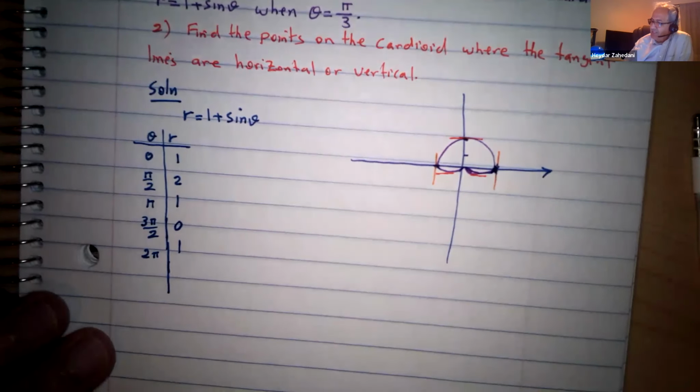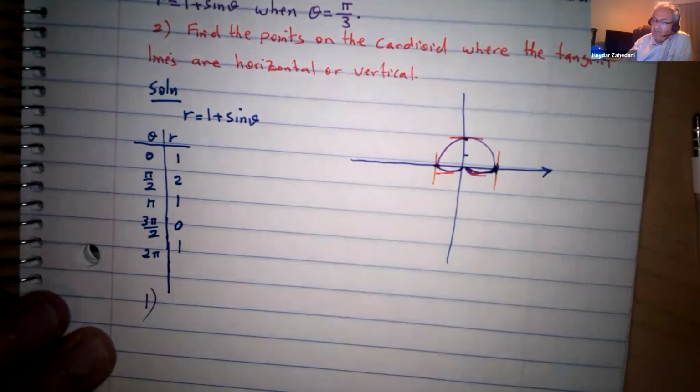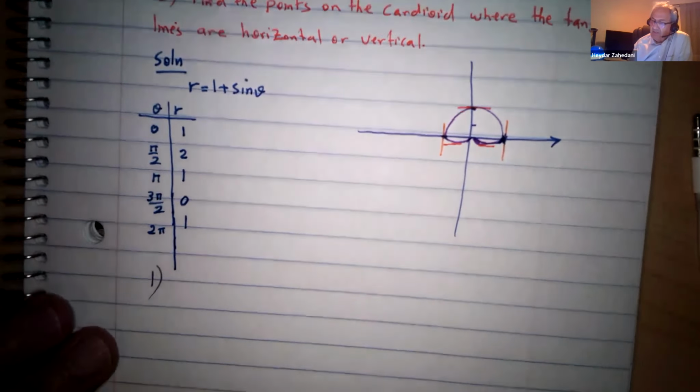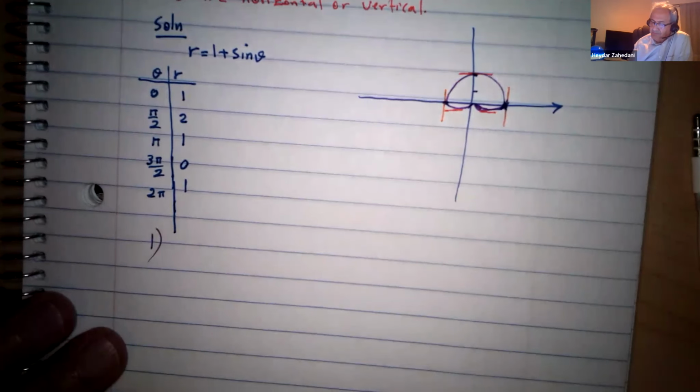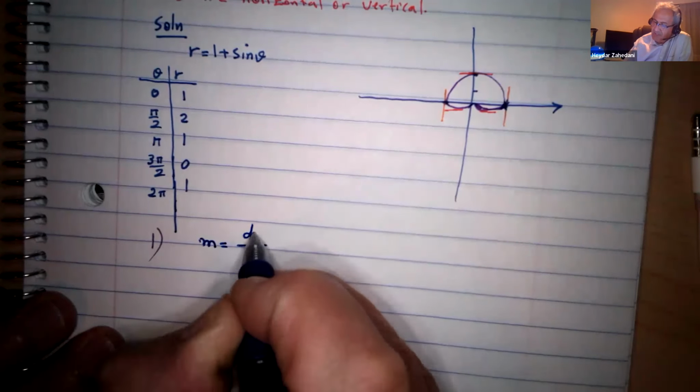So let's take the first part. The first part, you want to find the tangent line. You know what to do. You know the formula. So the slope, which is dy/dx.